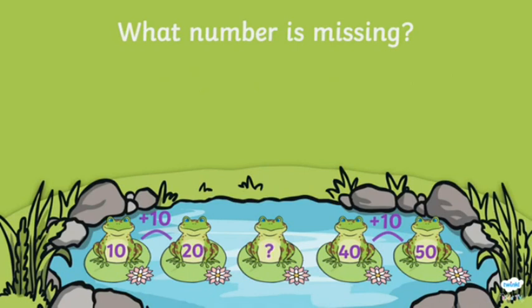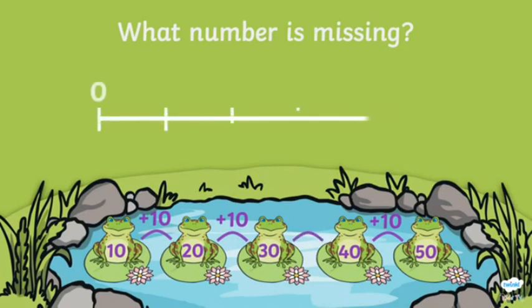Let's look at the number 20 again. We think we now know that the sequence of the frogs is plus 10. Let's use this information and add 10 to 20. That means it's 30. To make sure our sequence is correct, let's add 10 to 30 and see if it makes 40. Shall we check our number line to count up in tens?